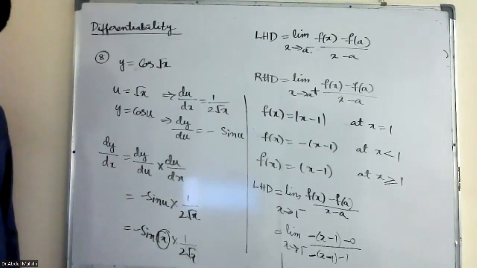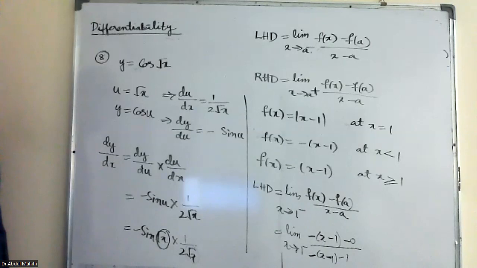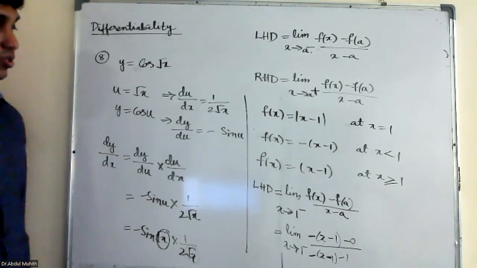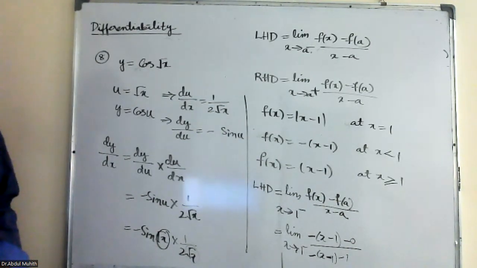Wait, let me do this one. After this, can you cancel out both of the minus x minus 1?